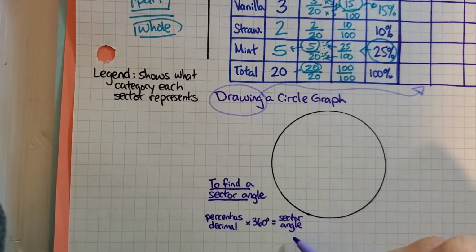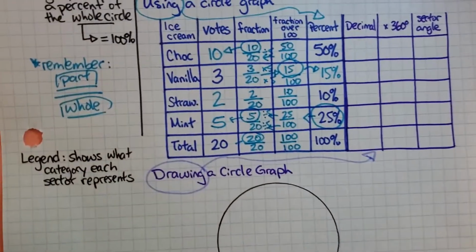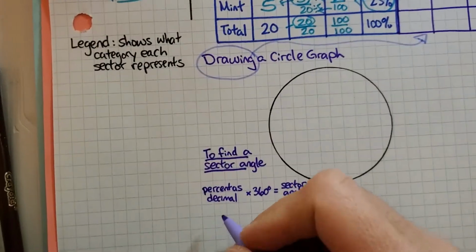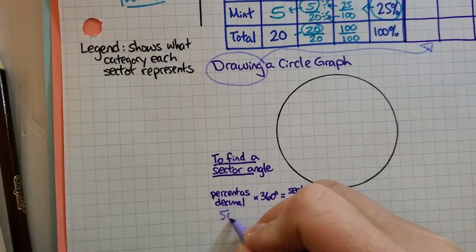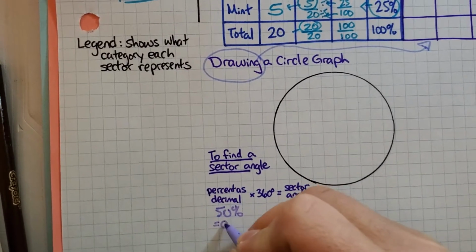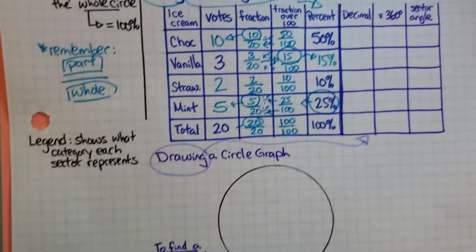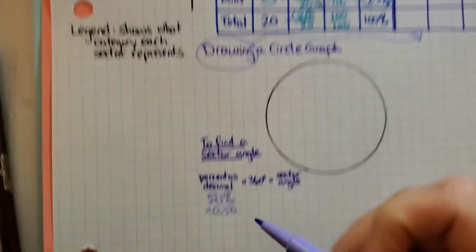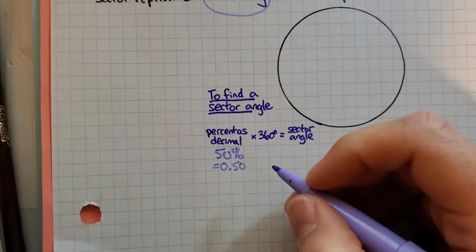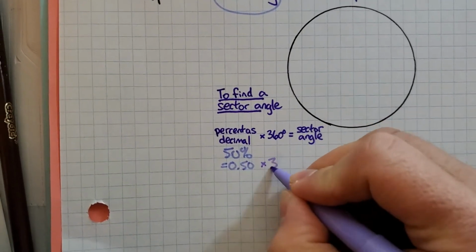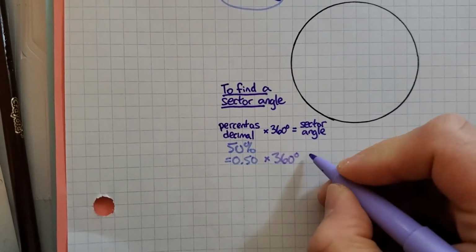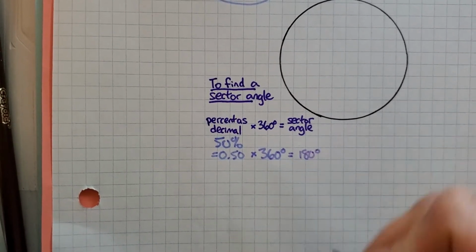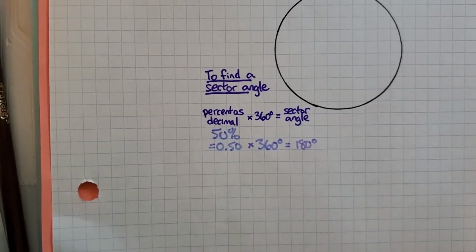So let's start with 50%, our chocolate. Take our percent as a decimal. If you can't remember, oh, we don't have it as a decimal. That's right. As a decimal, it is 0.50. Multiply it to 360 degrees, and we get our first sector angle of 180 degrees.